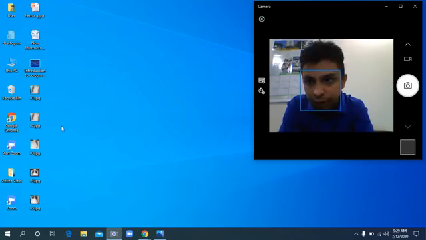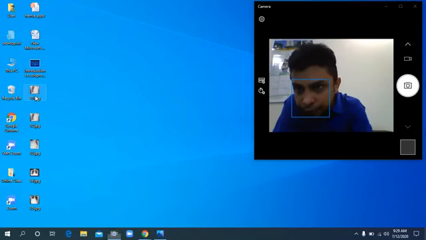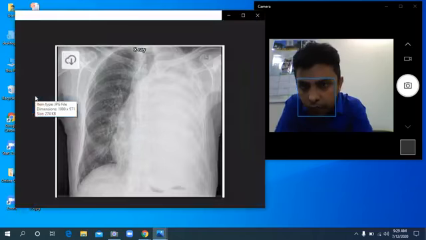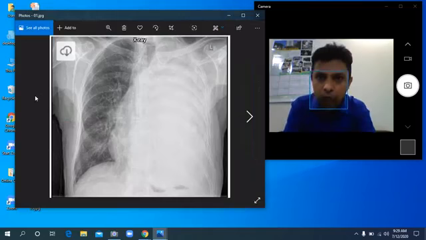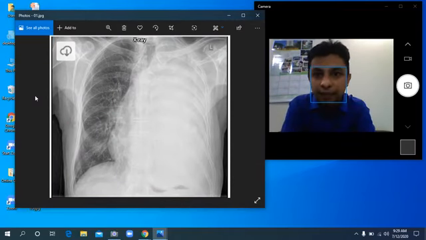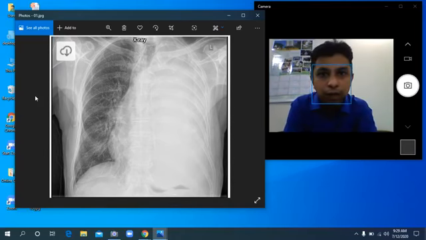In the third picture, this is an X-ray of massive pleural effusion. You can see that the whole of the hemithorax is covered by the homogeneous opacity on the left side.